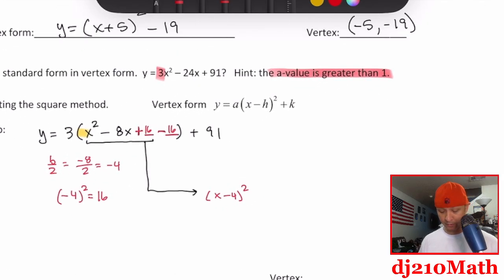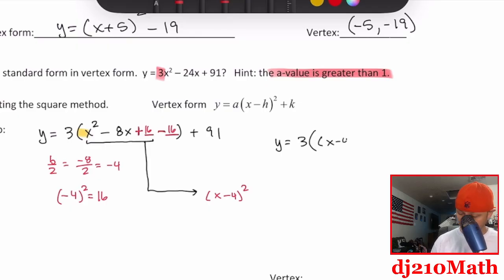Okay, so how does everything else fit into it? Check it out. So y equals 3 times what? x minus 4 squared, right? That's the part that we just had. Minus 16, right? Because that part was still outside. And then close parentheses, plus 91.